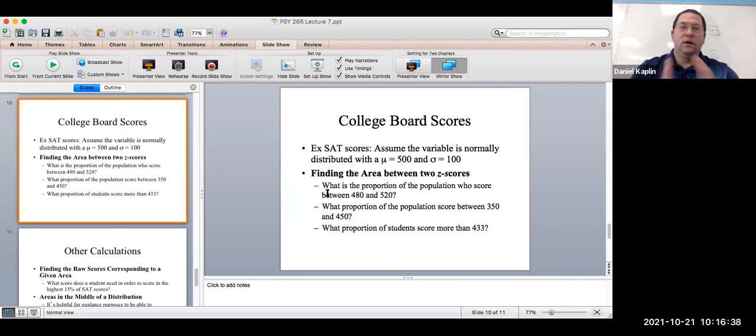And then the last one was the proportion of scores that are more than 433. So we calculate the z-score for 433, and then we shade everything that's above it because we want more. And that goes all the way to the other side of the distribution. And because it crosses the midline, we're going to add once again.